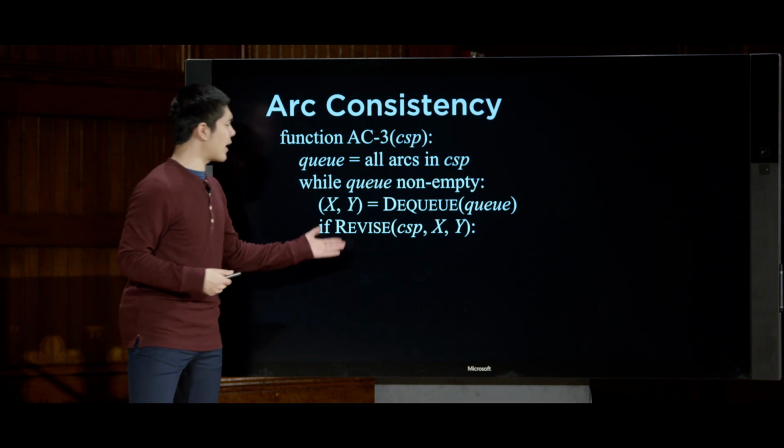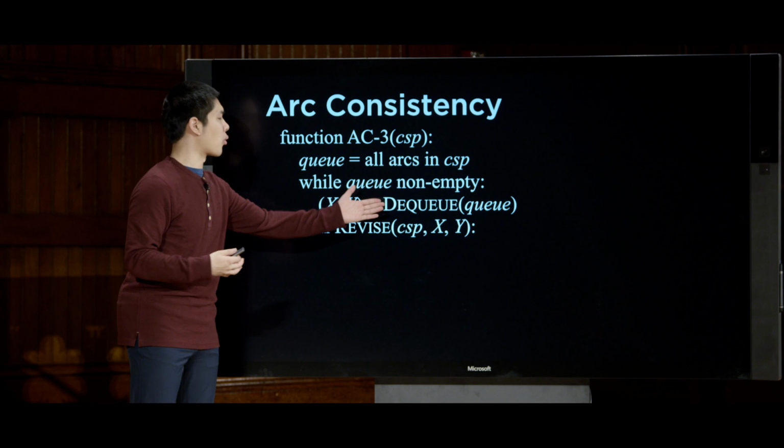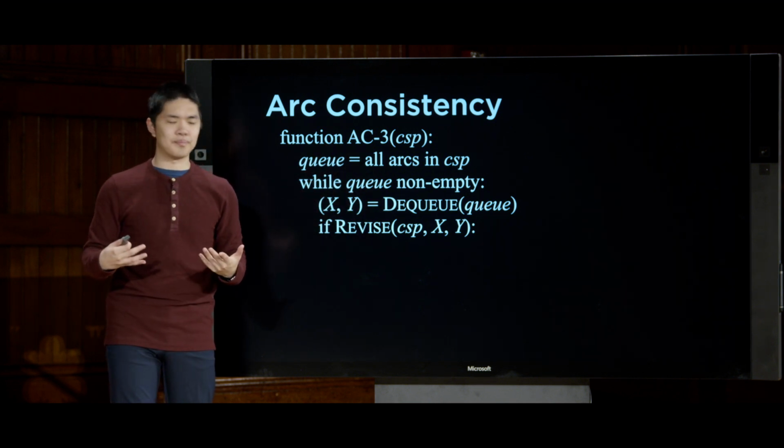And it turns out if revise returns false, if we didn't make any changes, well, then there's not a whole lot more work to be done here for this arc. We can just move ahead to the next arc that's in the queue.